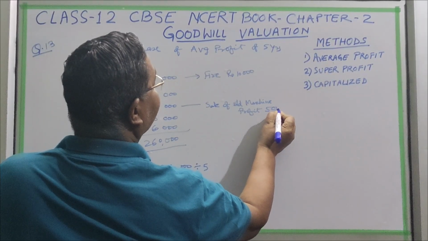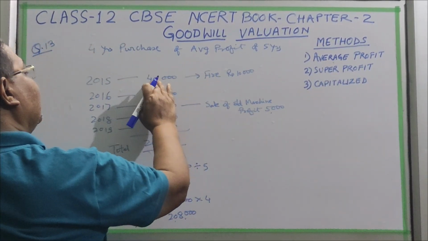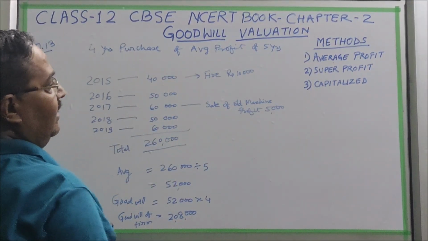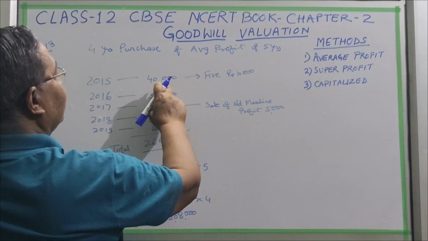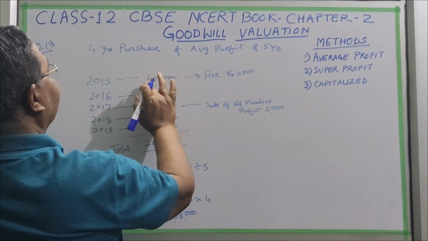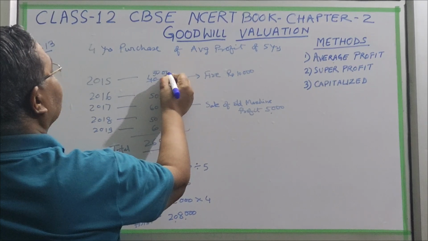If any abnormal things are there, you have to readjust the profit. Means if fire has occurred in this year, the actual profit would have been 50,000.